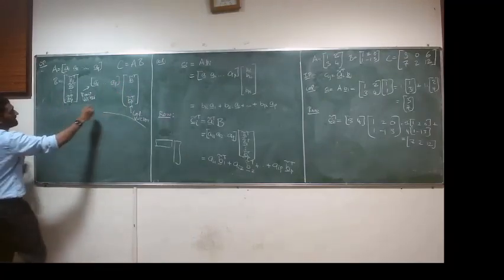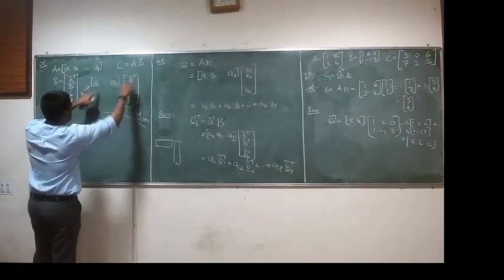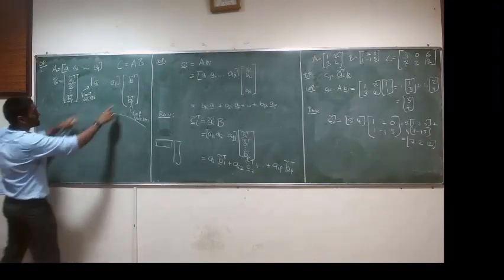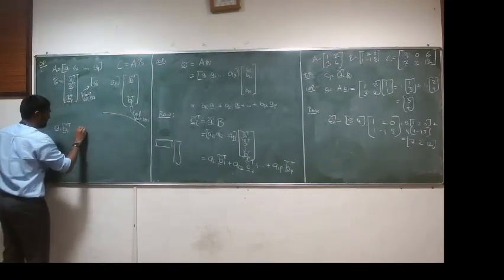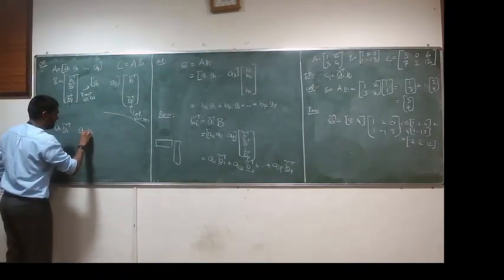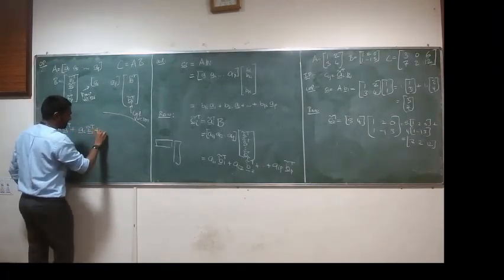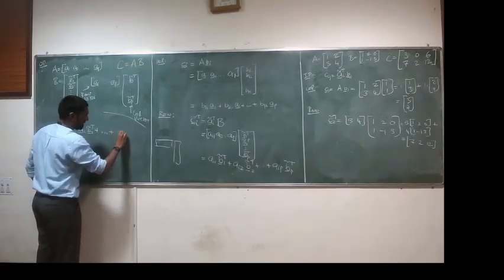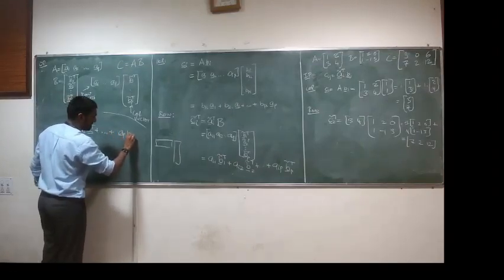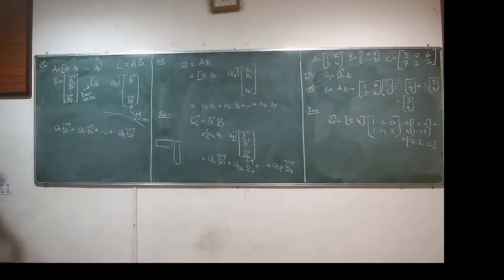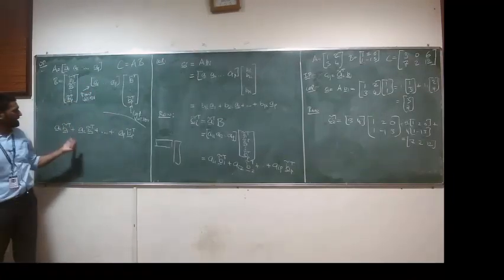That means I take the product of these two, A1 multiplied by B1 tilde transpose, and then I take the product of the next two, and then I add them all together, up to AP times BP tilde transpose, right?